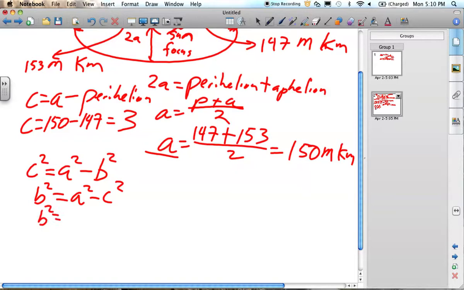B squared will be equal to A squared, 150 squared, minus 9, or whatever that works out to be. And that's the number you put down below here.